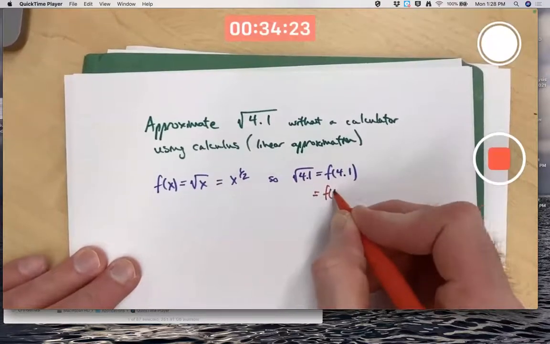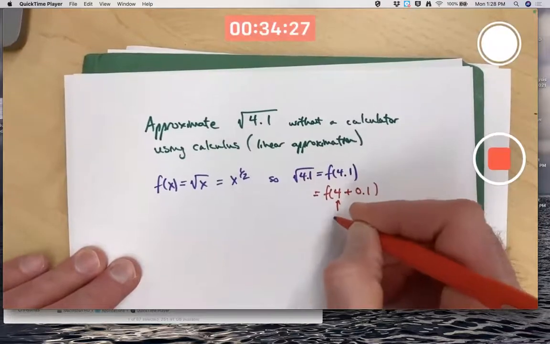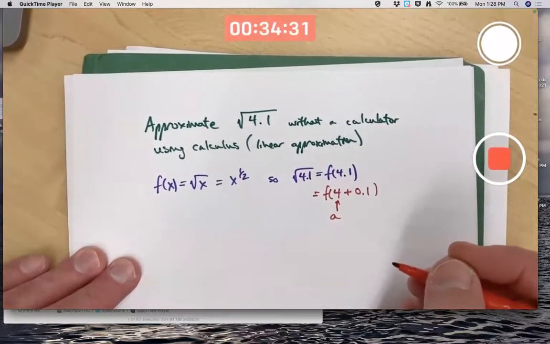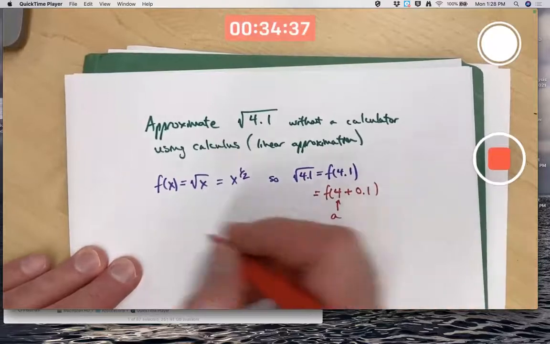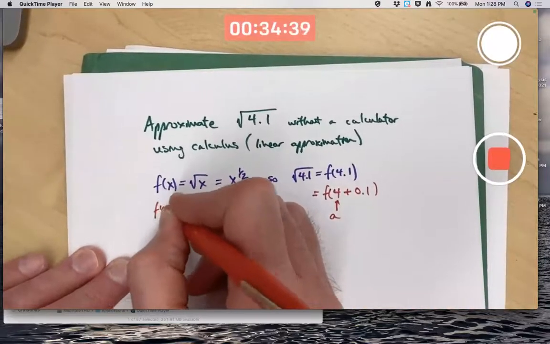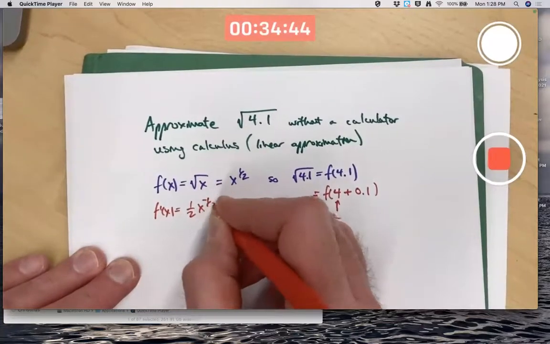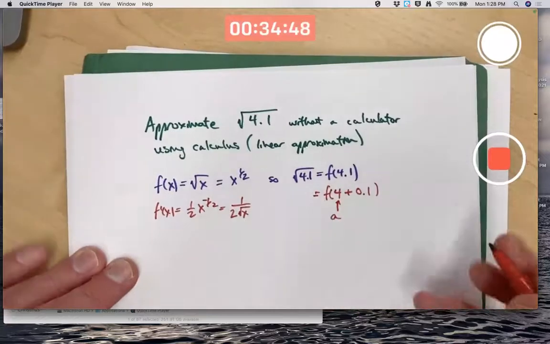4.1 is just a little bit bigger than 4. Think of it as 4 plus 0.1. Use that as the a, since I know the square root of 4 exactly. That's a good thing to use for a. I need to find f prime of x if I'm going to use the linear approximation. Use the power rule, 1/2 x to the negative 1/2, which is the same as 1 over 2 times the square root of x.